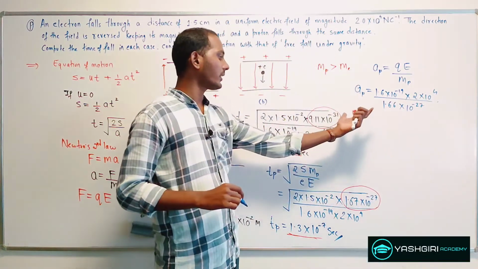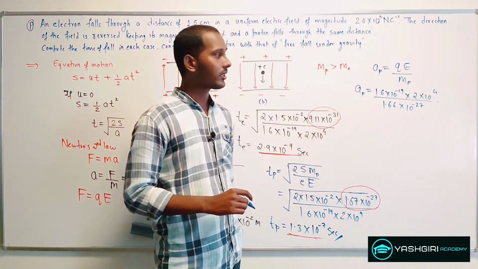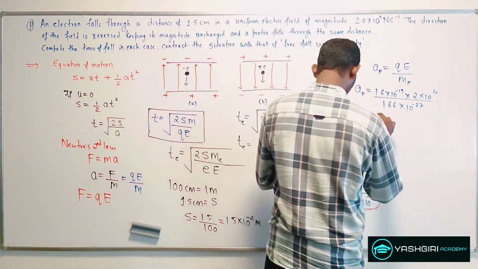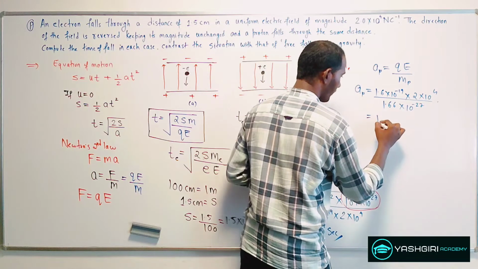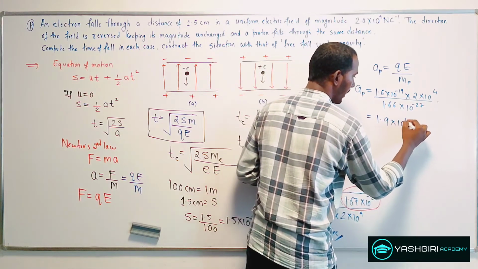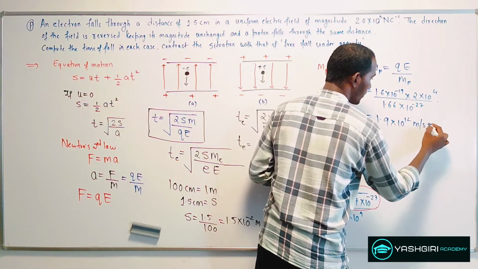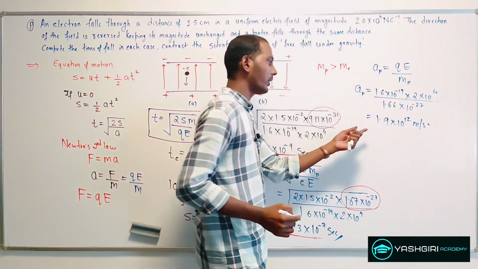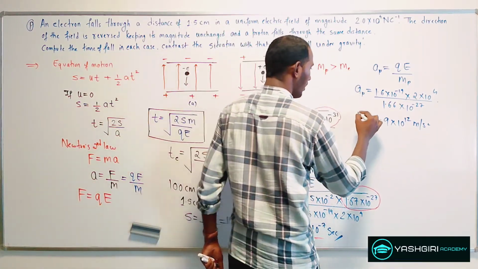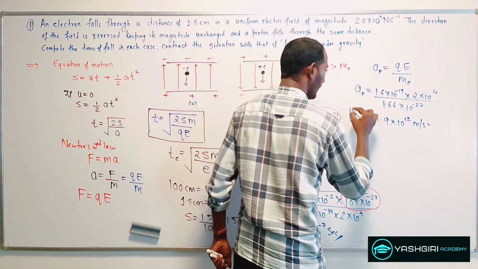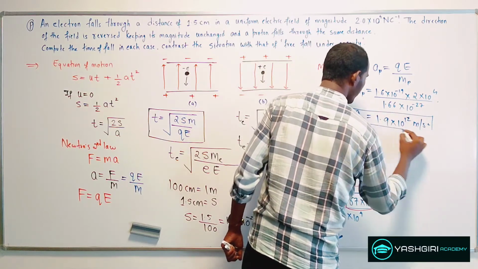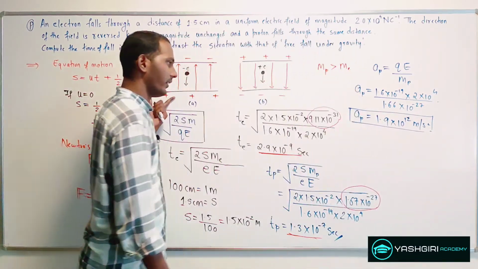When you solve this, the acceleration of a proton comes to 1.9 into 10 to the power 12 meters per second square. That's the answer for the acceleration of a proton due to this electric field.